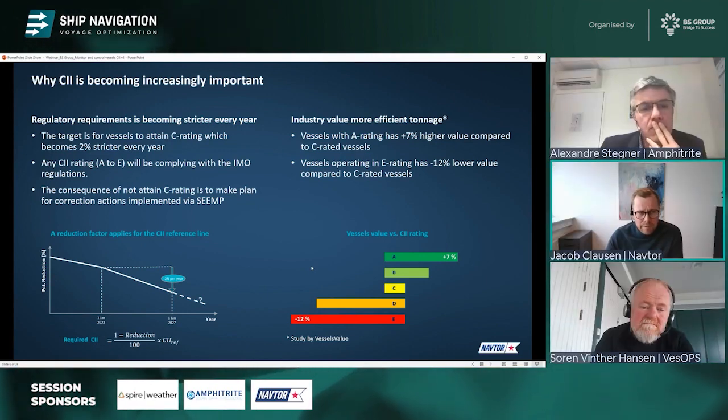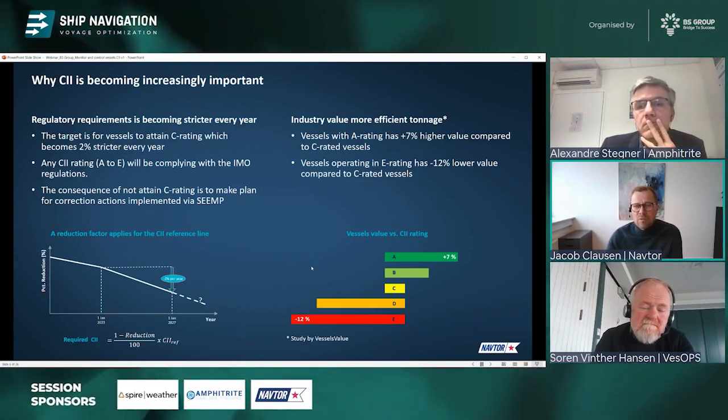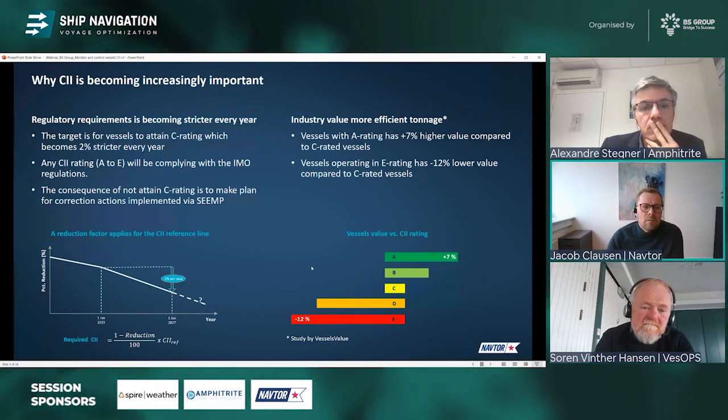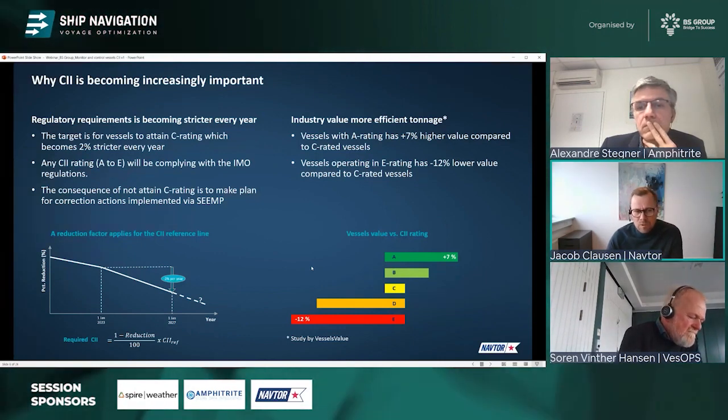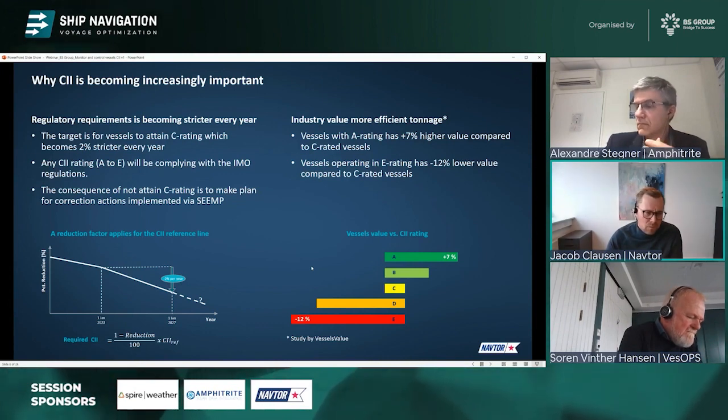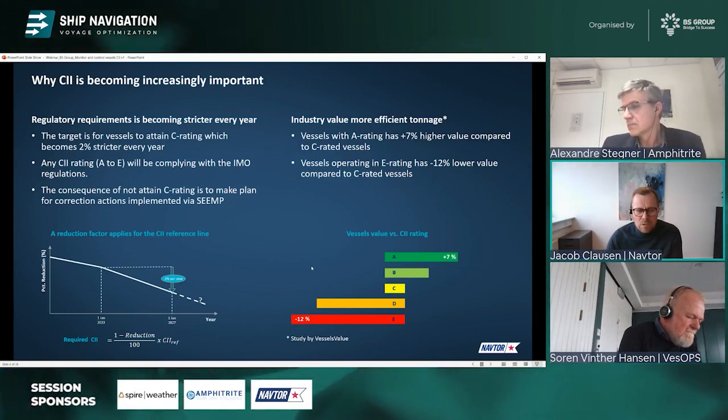That is of course the asset value, but of course also the transparency of having this A to E rating is giving more transparency for both the vessel owner segment and the operator segment as well. So there's increasing awareness about this.